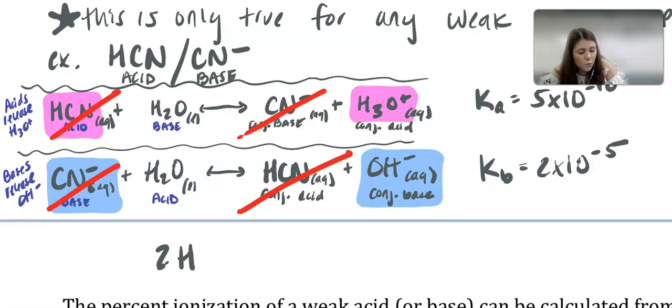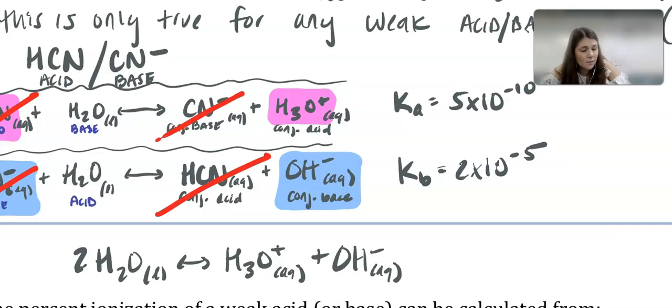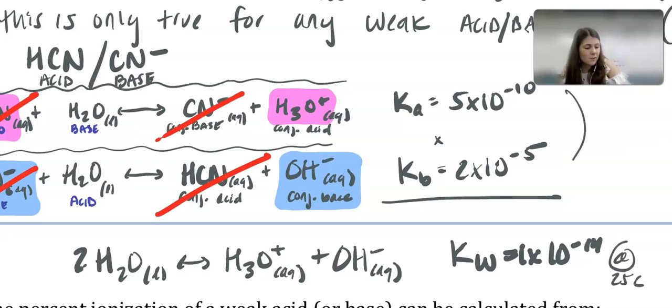Here you get 2 waters makes hydronium plus hydroxide. So here, Ka times Kb will give us Kw, which is 1 times 10 to the negative 14. Oh, that says negative 4. Negative 14. Again, this is all true at 25 degrees Celsius, okay?